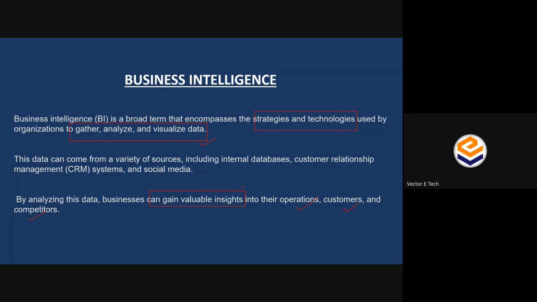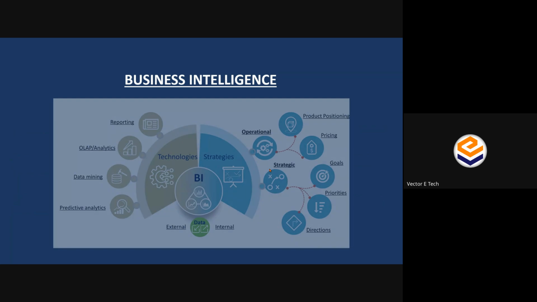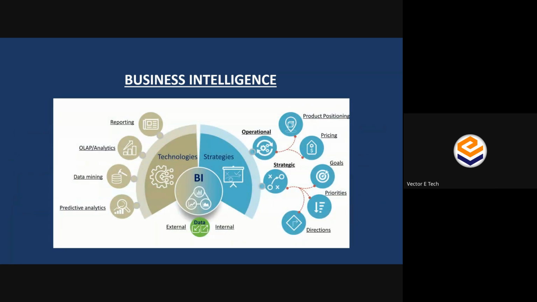Where can the organization get the data from? They can get data from internal databases, CRM systems, social media, external databases, and many other sources. This is business intelligence. To understand it briefly, think of reporting, databases, OLAP or OLTP databases, analytics, data mining, predictive analytics, data science, descriptive analytics, all those technologies.